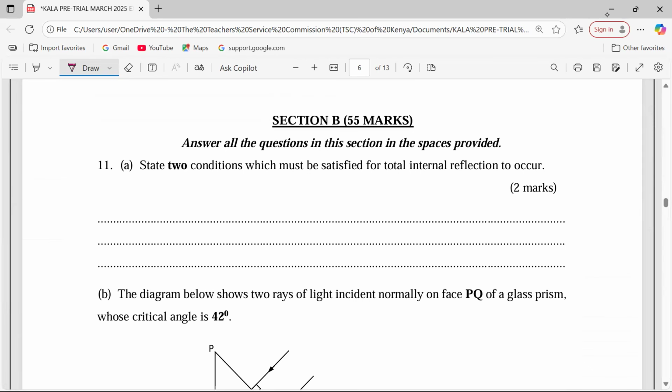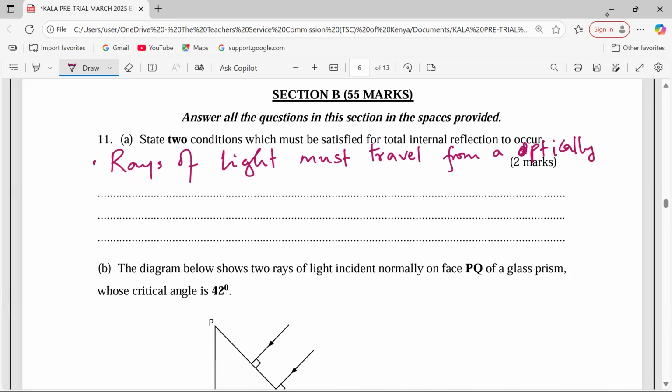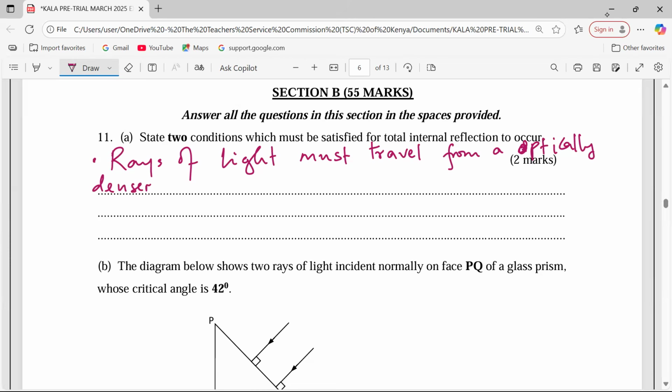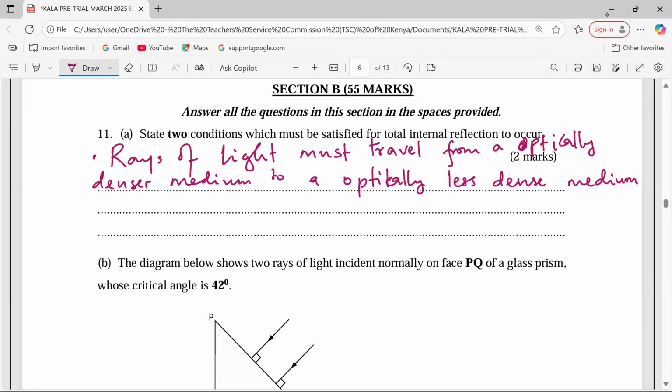And one of these conditions, we usually say that the ray of light must travel from an optically denser medium to an optically less dense medium. It's good to use optical density.